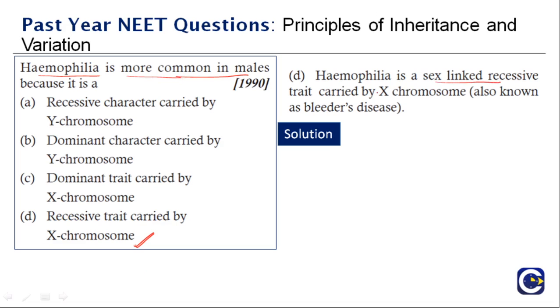Hemophilia is a sex-linked recessive trait carried by X chromosome, also known as bleeder's disease. Okay, remember this name. Sometimes there can be direct questions. What is the other name for bleeder's disease? So it is hemophilia.